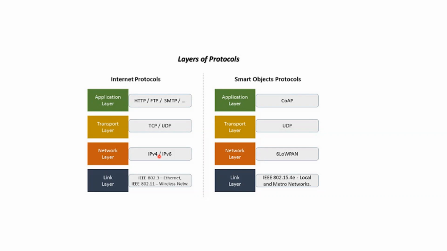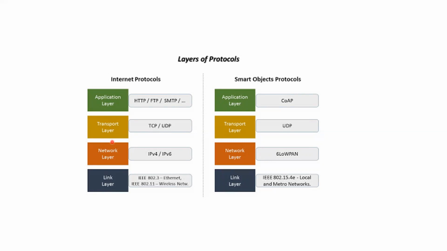Now, coming to the transport layer, which is our third layer, this layer manages end-to-end communication irrespective of the network that you are using. The transport layer defines the type of communication, and it also defines error correction, error detection, segmentation of the packets, congestion control, and flow control.